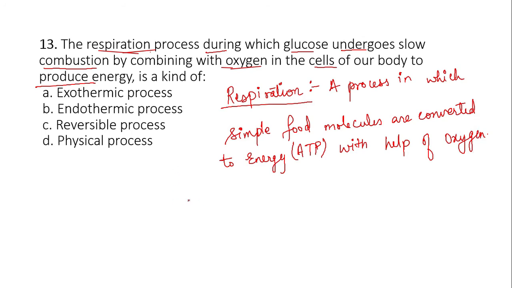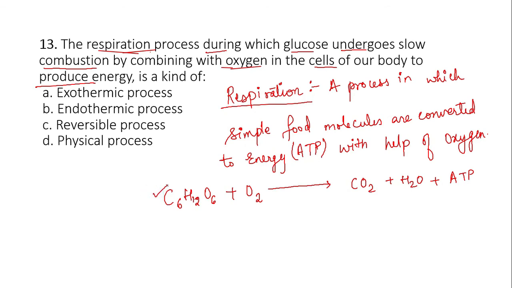What is the reaction involved? Let's take a simple food, that is glucose, C6H12O6. This, in presence of enzymes, reacts with oxygen and produces CO2, water and energy, that is ATP. Have you seen this?